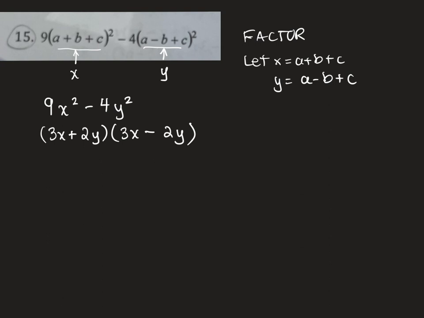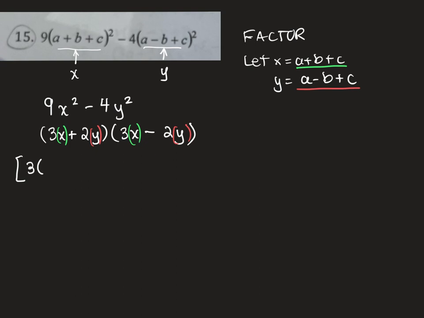Now that's factored. However, our original question didn't have x and y, it had a, b, and c. So now we are going to replace x with what x equaled, and we're going to replace y with what y was equal to, what we decided initially. I'd probably use square brackets to replace those round brackets around it, and then 3.